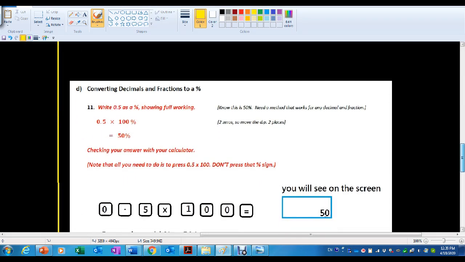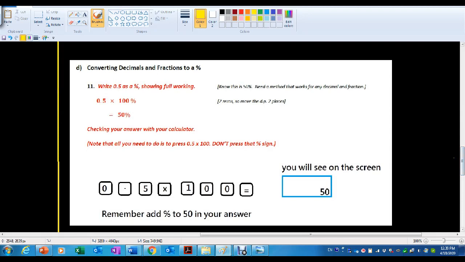The last type of question is how to convert decimal and fraction to a percentage. So we go the other way around. Again, you can use the calculator, but this time sometimes they might ask you to show some working. What does the working look like?